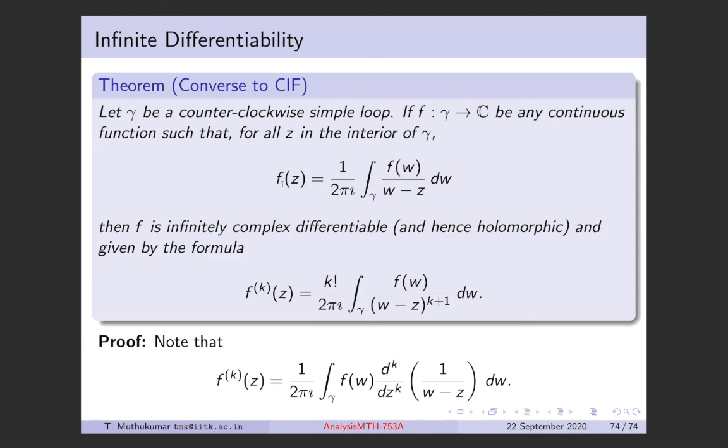So if you take the derivative in z here, you see this integral is over w, so the derivative in z acts only on this part. If you take any kth derivative, it acts on 1 over w minus z. And this is something which you know is differentiable, and it is precisely this quantity that you have here. So you can prove it like that.